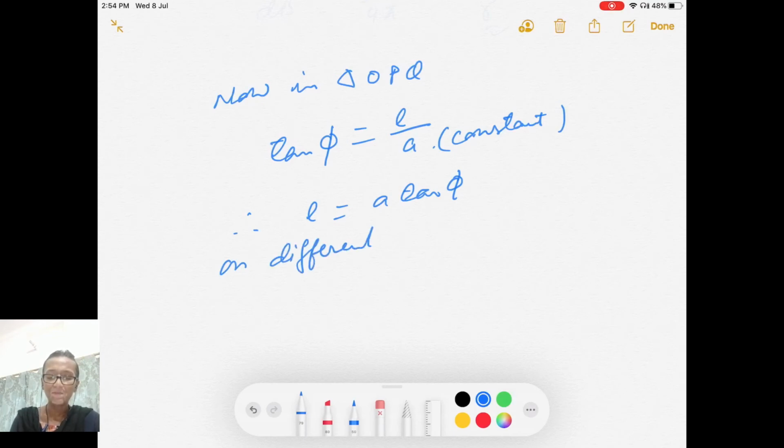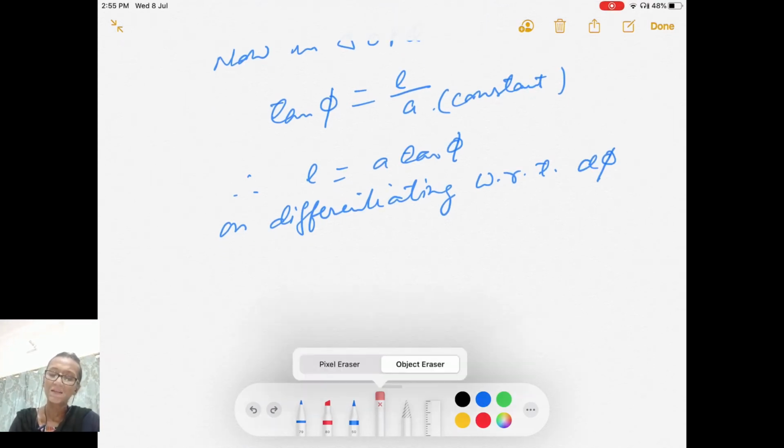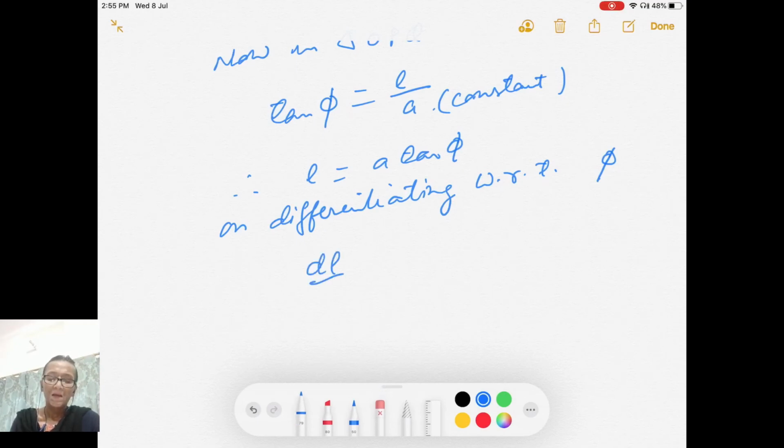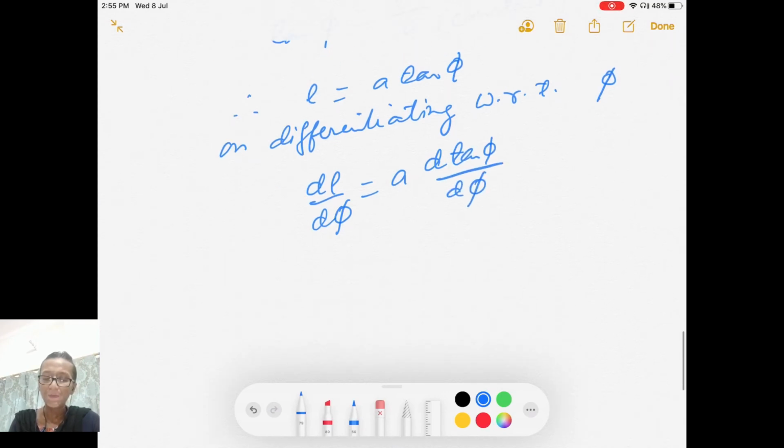On differentiating with respect to phi, what do we get? dL upon d phi is equal to A, which is a constant, times d tan phi upon d phi, therefore dL upon d phi is equal to A sec square phi.